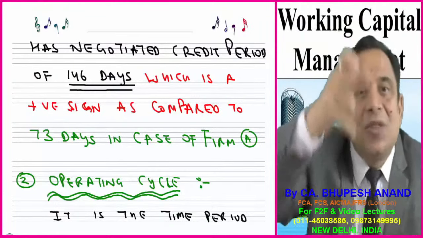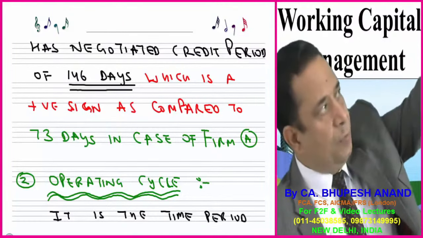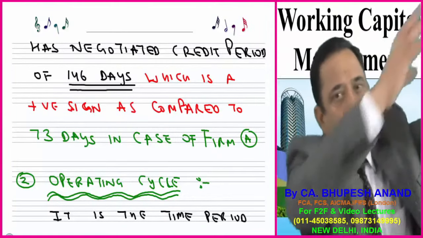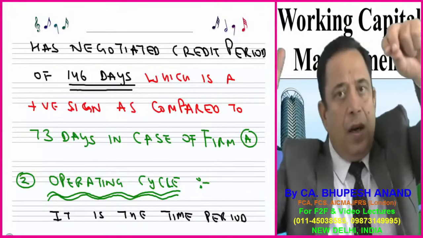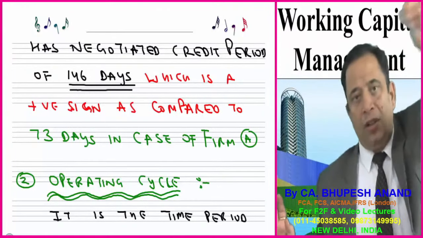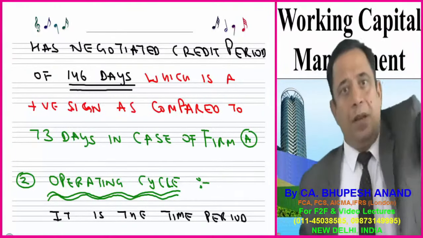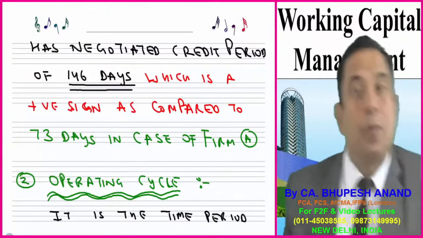That is named the operating cycle. Suppose entity A has purchased material, processed it into finished goods, sold it and converted it into accounts receivable, and then received cash from accounts receivable. The time period taken for this journey is named the operating cycle.